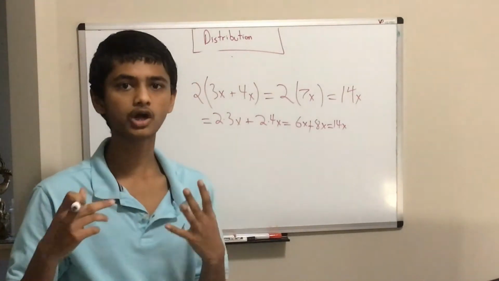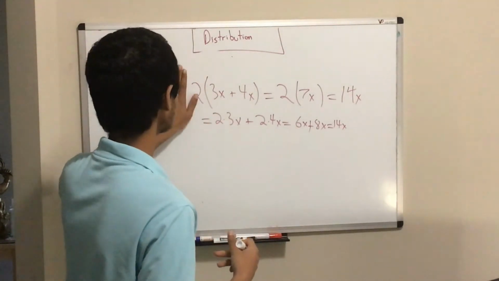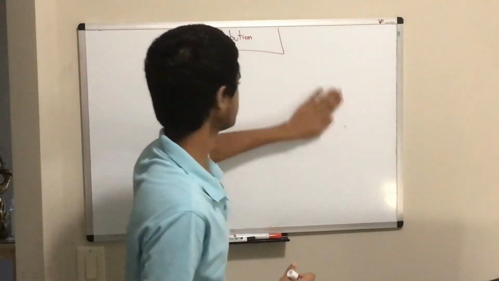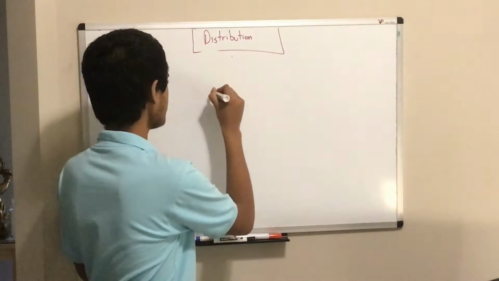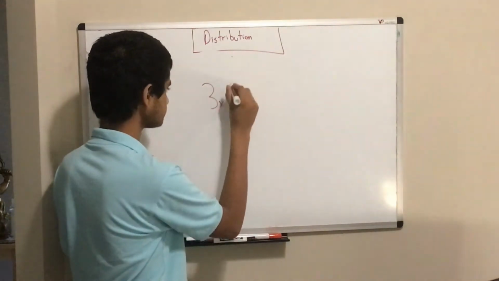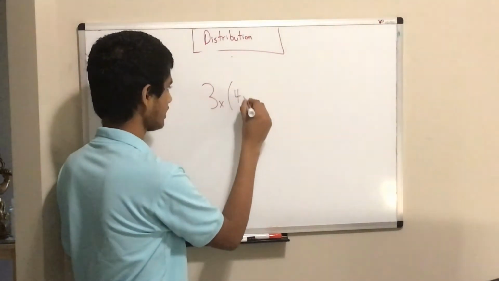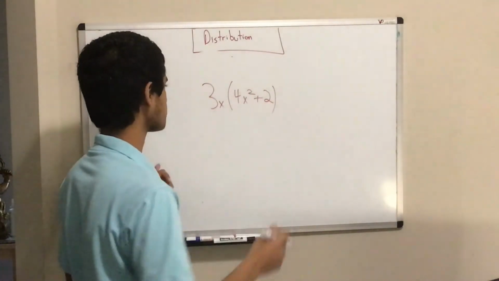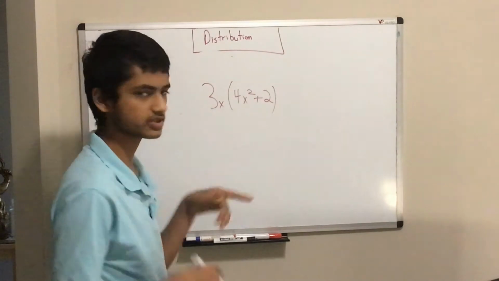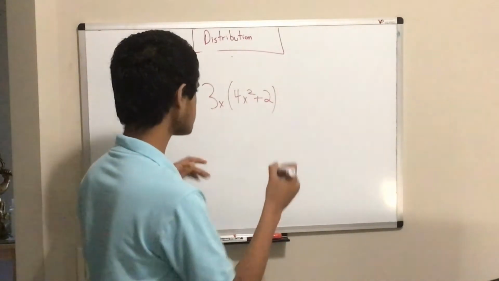But what if we had more complex terms inside of here? So let's say instead of just linear terms or just 1x, what if I had, let's say, 3x times (4x squared plus 2)? You can't really combine the inside over here, so that means you have to resort to using this distributive property. So let's try that out.